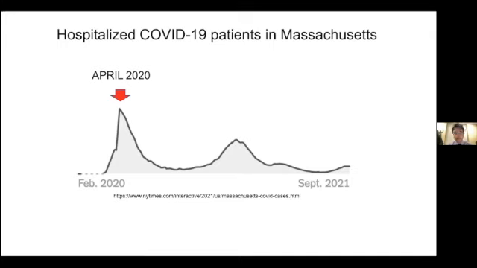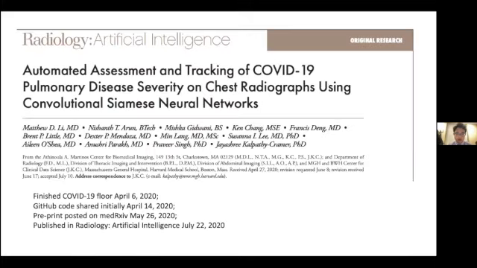I was able to assemble a data set of around 600 frontal chest radiographs from patients with COVID-19. Mixing all that together, we were able to create a Siamese neural network-based AI model for the automated assessment and tracking of COVID-19 pulmonary disease severity on chest radiographs.